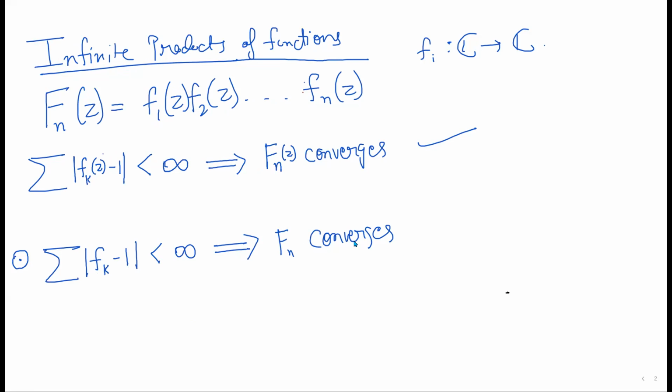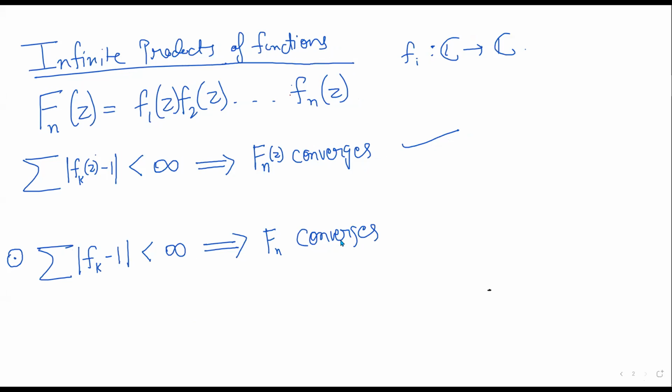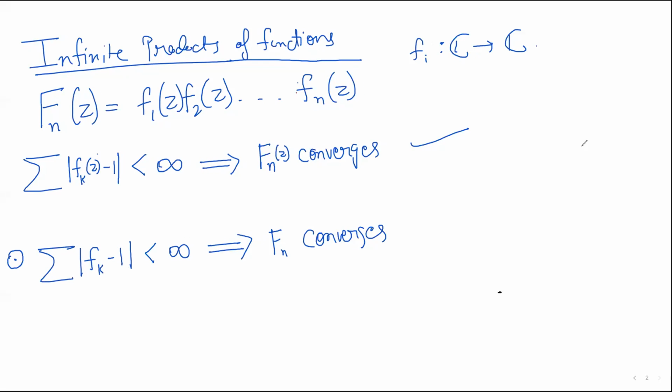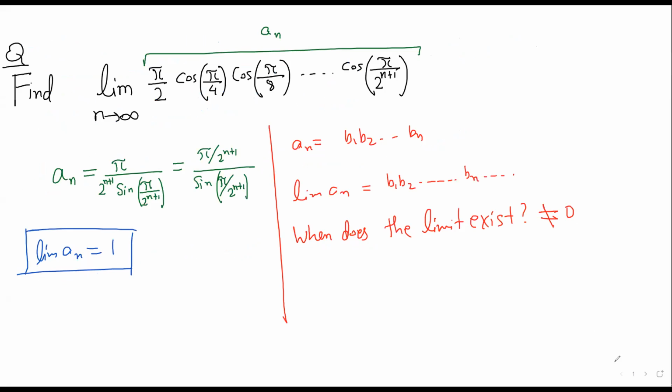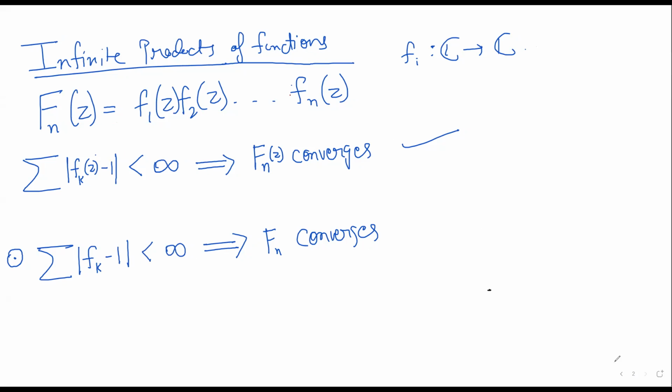What is a good place to look at that? There are two books, Stein-Shakarchi Complex Analysis or Rudin Real and Complex Analysis, that I can think of. So let me go to Stein and Shakarchi. I have the book. At least for the case where each Bn is positive, studying the infinite product is equivalent to studying the sum of log An.